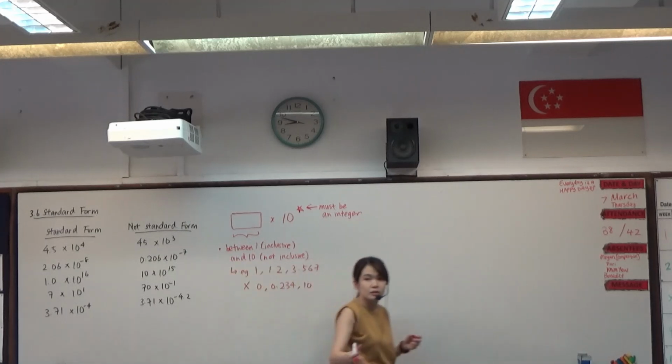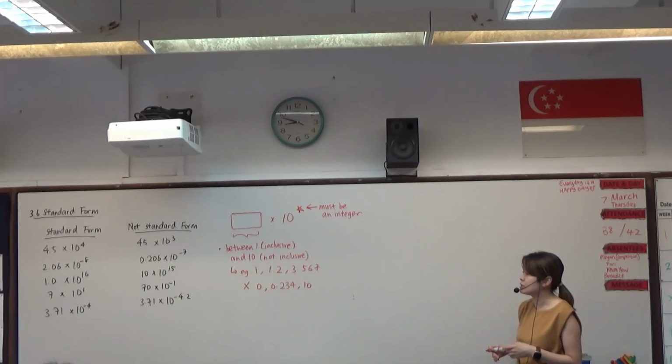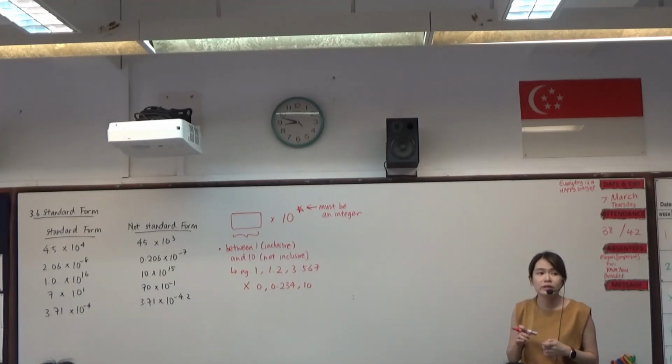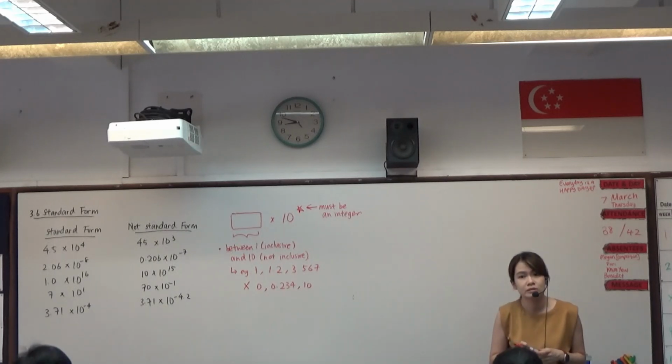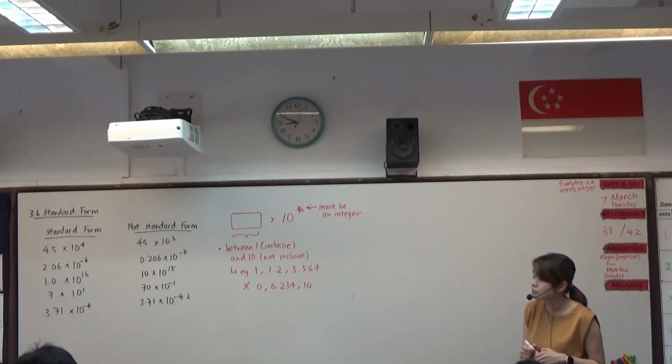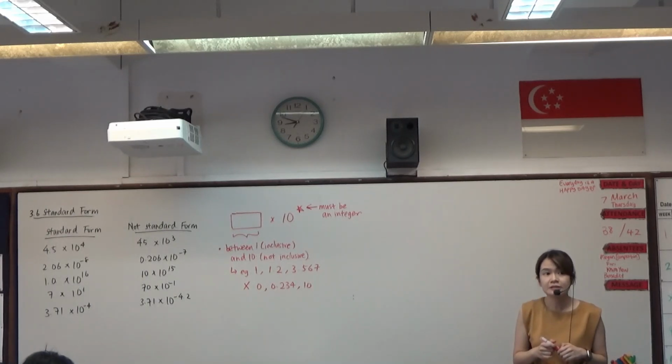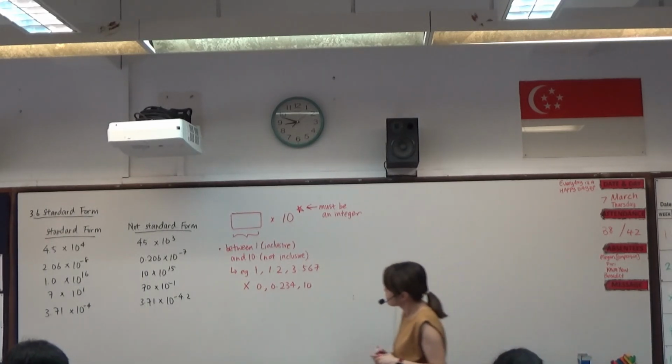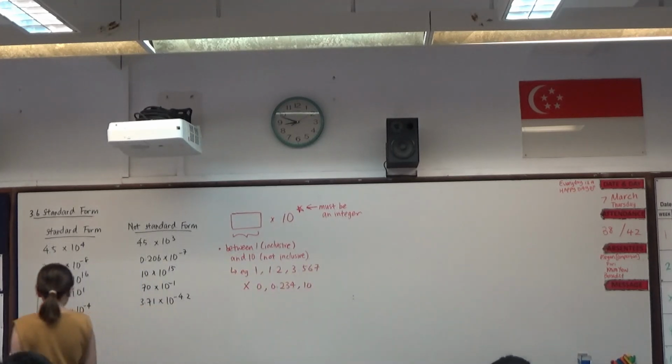So this is what Jovan is trying to tell us about between 1 and 10, including 1 but not including 10. Anything else? Nothing? Okay, so I think we have captured the ideas of standard form.